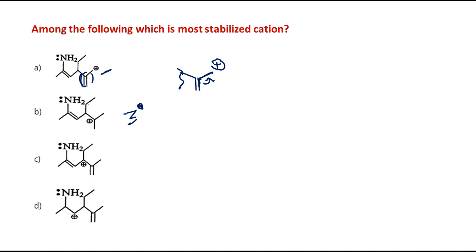Come to the next one. Here if we look at the right hand side, this C=C double bond has a suitable position so that it can take part in resonance. And also on the right hand side, this C=C double bond can also take part. One more interesting thing, here this lone pair can also be shifted, and then this double bond is here.